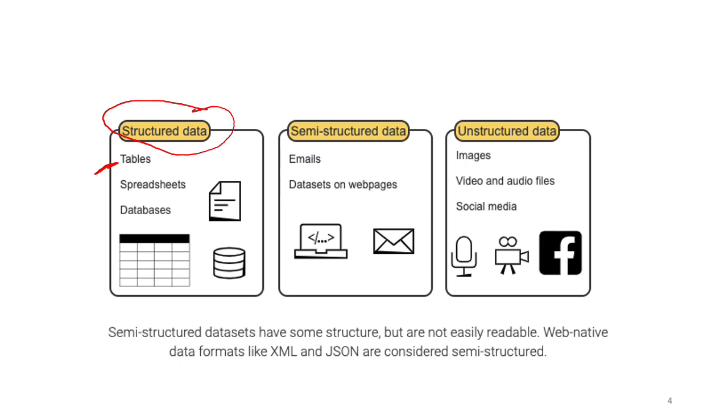Example, when we are talking about tables in a database, specifically relational databases, for instance, where we have sets of rows that are defined with a number of attributes or features. So that is structured data.